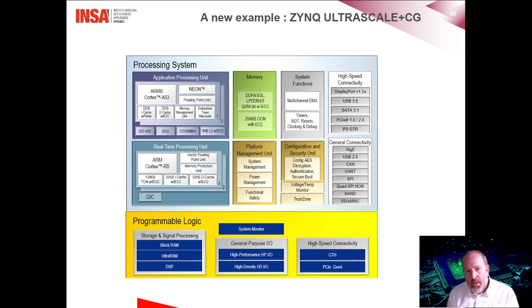Mated with 16 nanometer FinFET programmable logic, these devices are optimized for industrial motor control, sensor fusion, industrial IoT applications, and a lot of applications. These devices deliver exceptional performance per watt, which makes them very good candidates for a lot of applications.